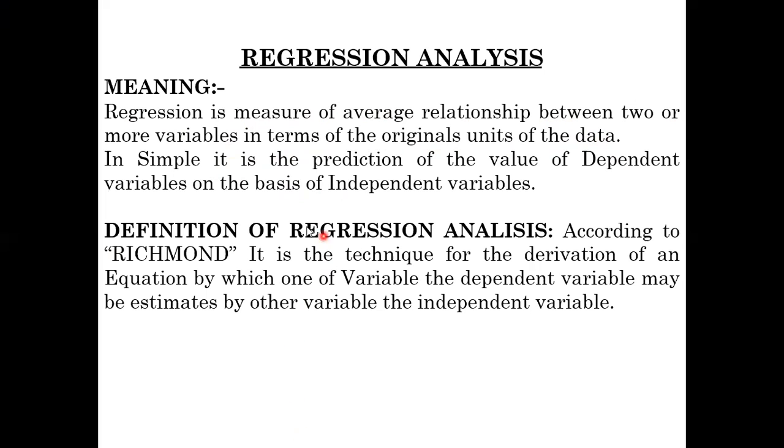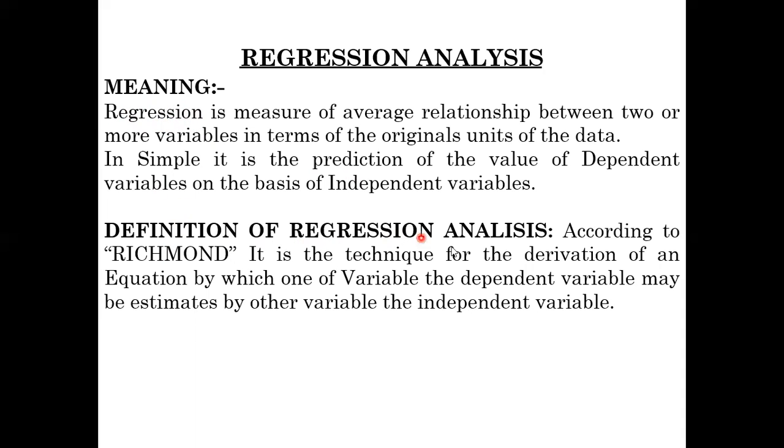Like correlation, regression is also a measure of relationship between two or more variables. In simple terms, it is the prediction of the value of the dependent variable on the basis of the independent variable. If you want to predict or find out the value, then we use the technique or method of regression analysis.